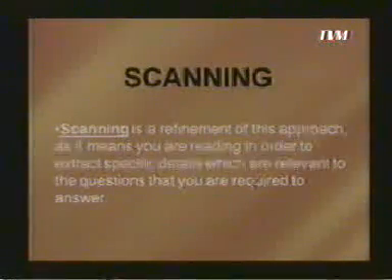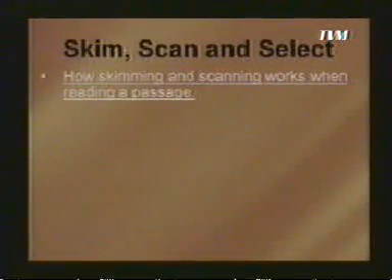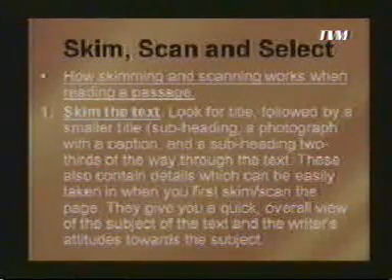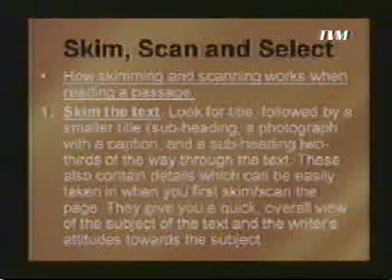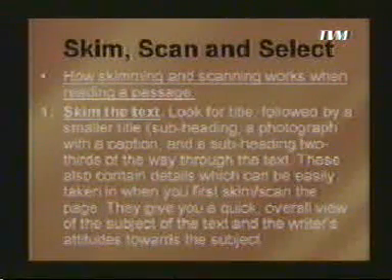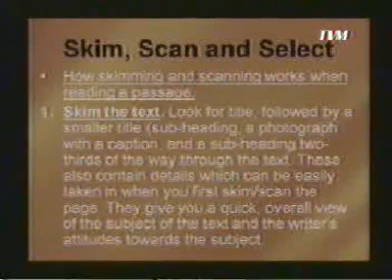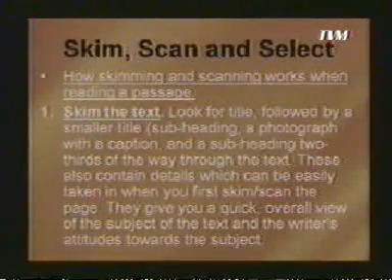Then we looked at the three-step procedure when working through a reading passage, and under that the first one is skimming the text, and while we skim we have to look for the titles, subtitles, headings, photographs, captions, because they do give you some details or idea of what the text is going to be about.